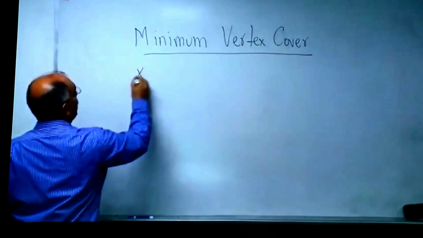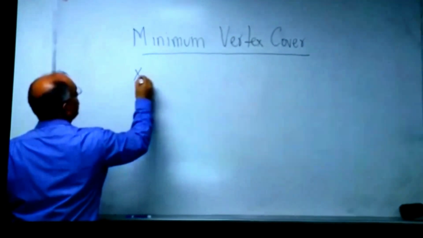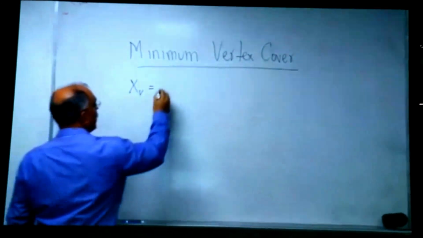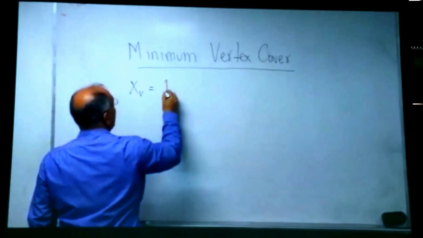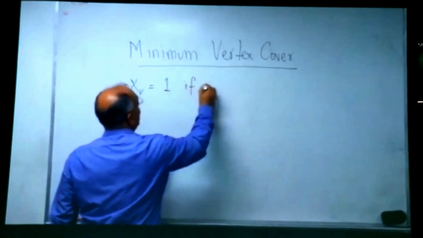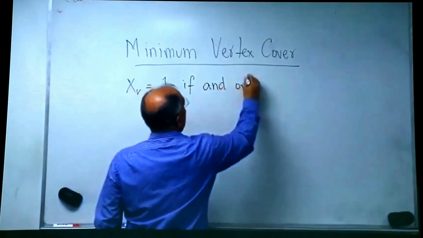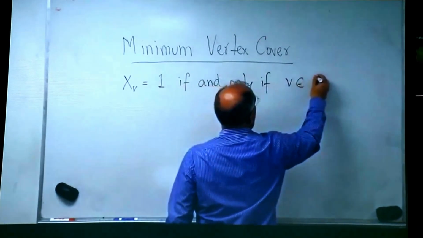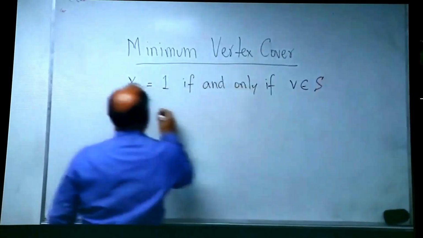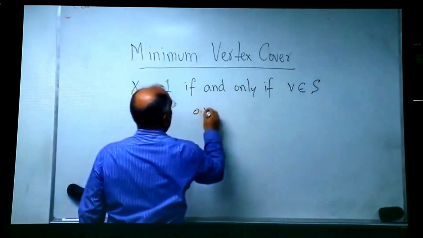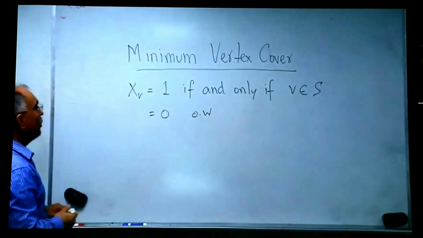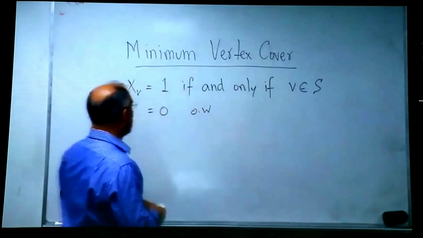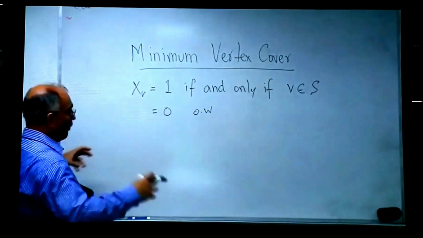Suppose I create some variables x sub v. So this variable, let's imagine for a second, is a binary variable. Its value is 1 if and only if v belongs to the set S. It is 0 otherwise. So we're trying to capture subsets S of vertices by defining this binary vector.